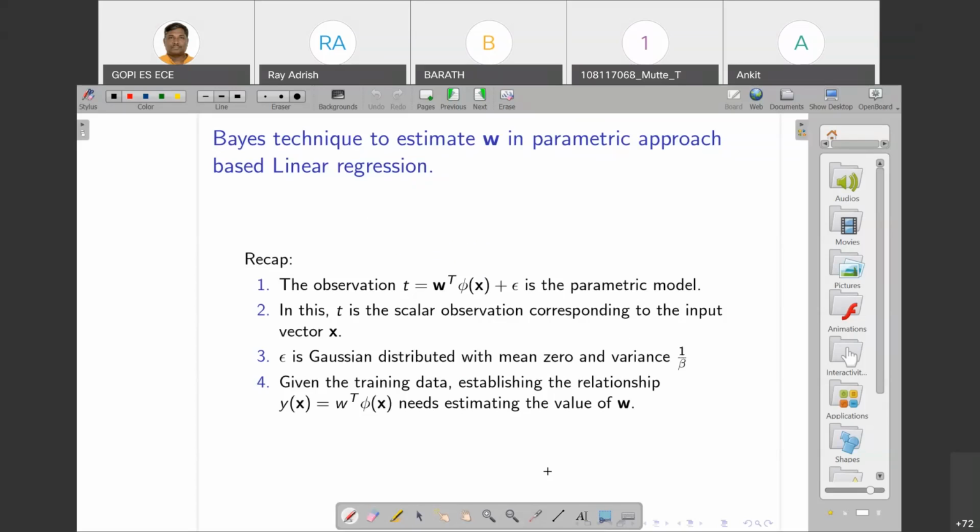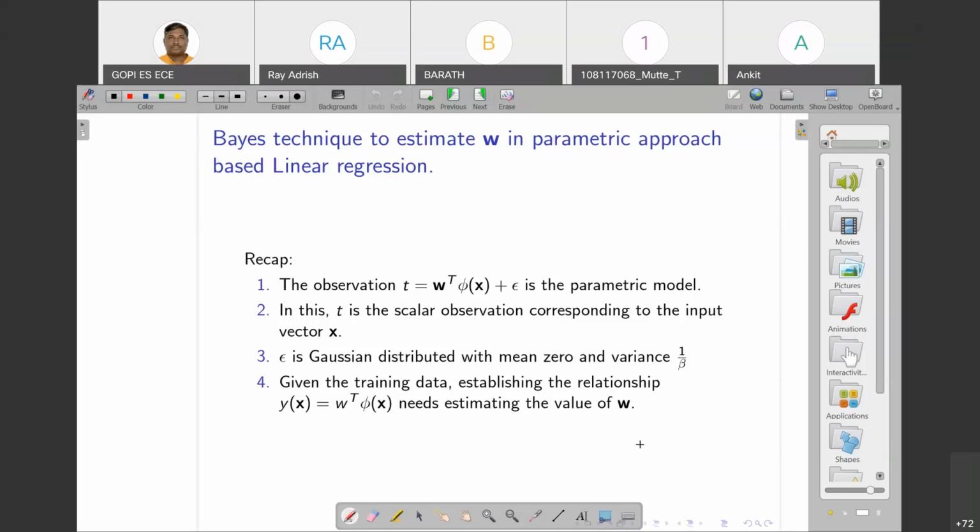And x, bold x, is the input vector, and the observations are scalar, like T. So this is what the problem is. We are interested in finding out the value of W. Estimate W is the problem formulation.